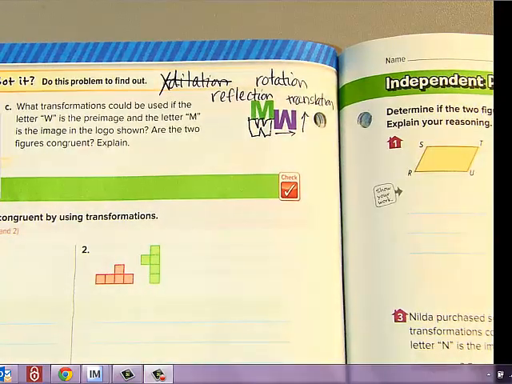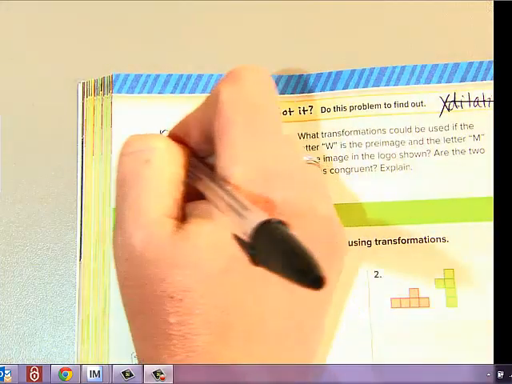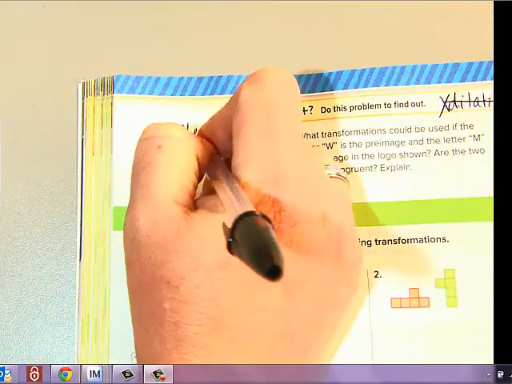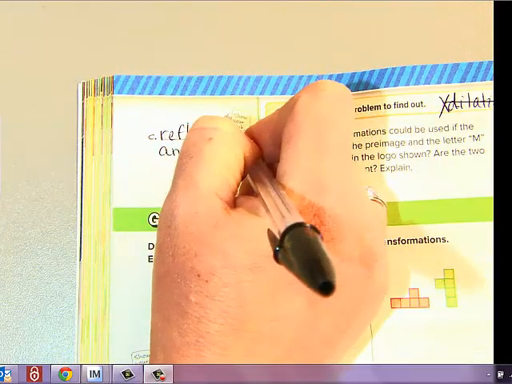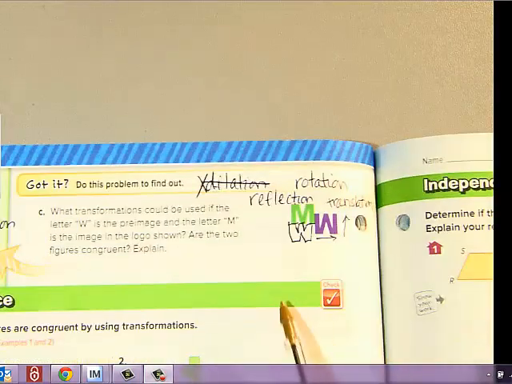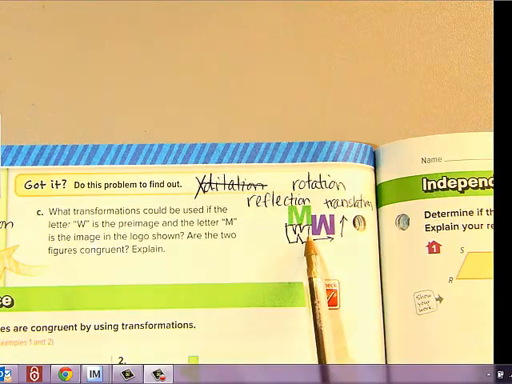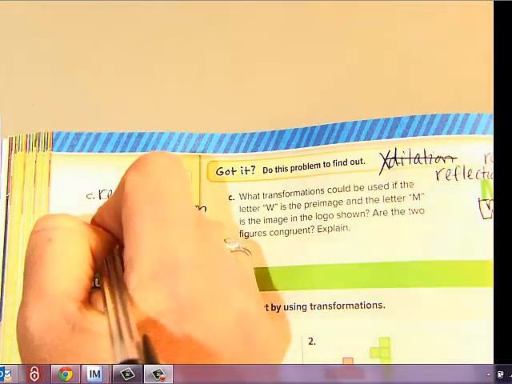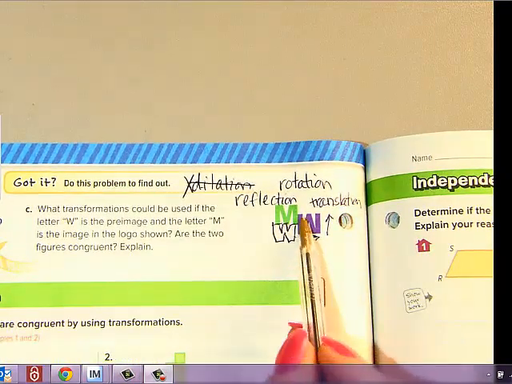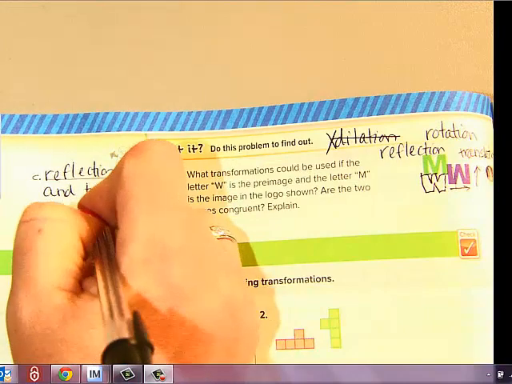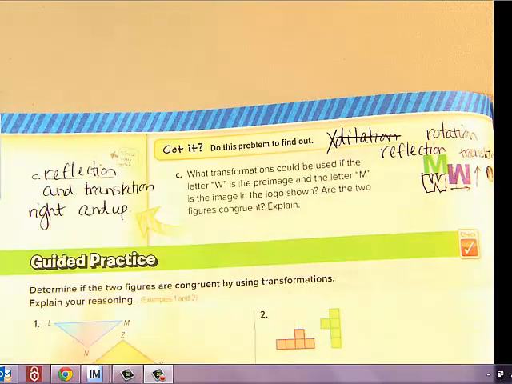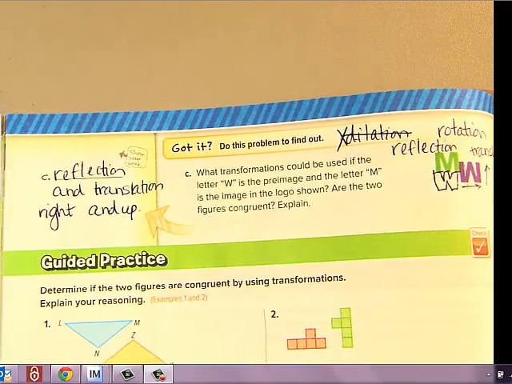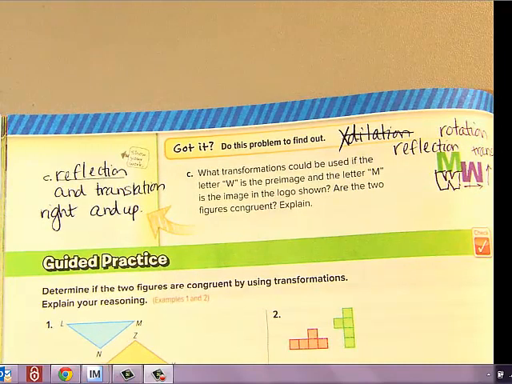In order to slide it this way and up, then it's a translation, because translation means to slide. So I'm going to slide it to the right, because I went from here over to here. And then I went from here up. So it was a reflection and then a translation to the right and up.